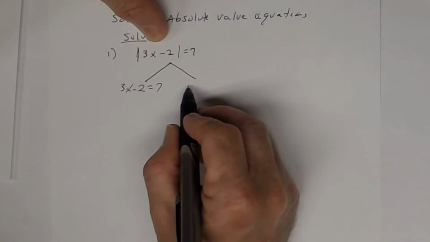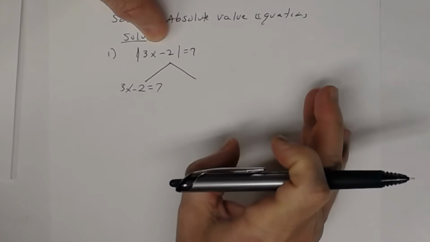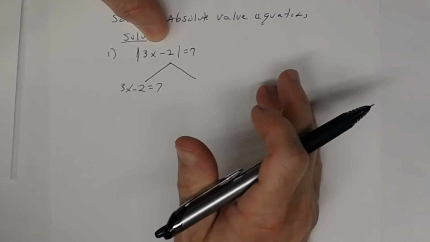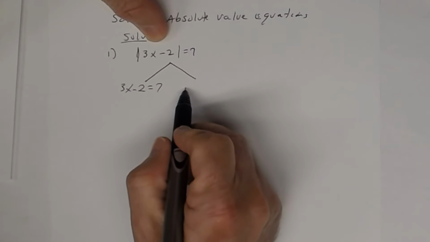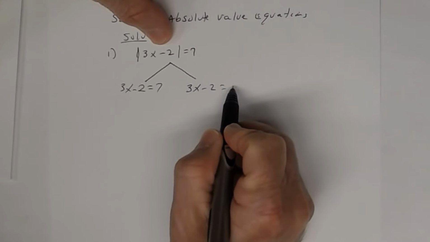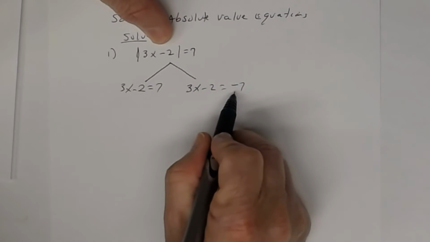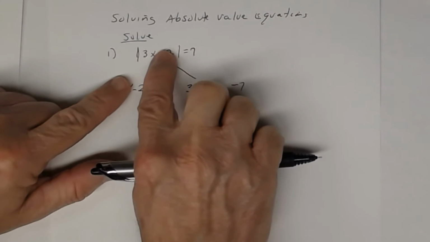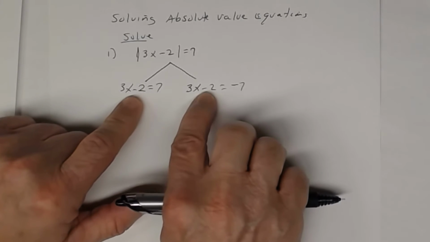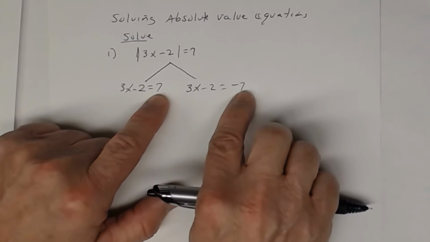Then we saw the definition of an absolute value expression. Remember, that's the distance that number is from 0. And we talked about why on the other side you took the opposite of 7. So the inside expression within the absolute value bars, you rewrite it like this, and then you say negative 7.